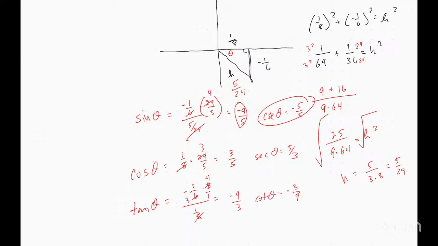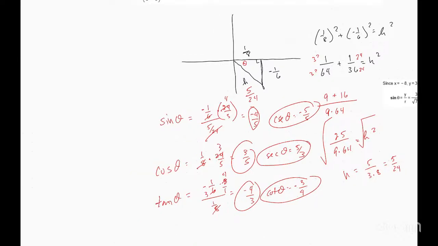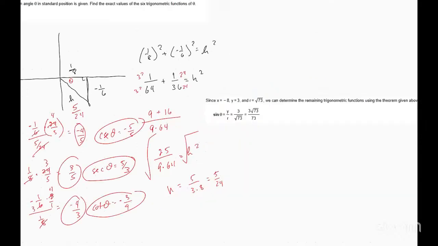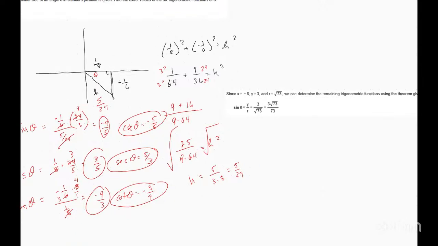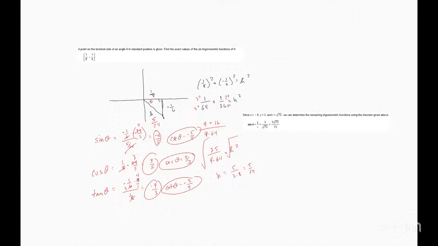Let me see if this is, I have a screenshot of it right here. I was very confused why suddenly 3 over square root of 73 turned into that. I think that is just the wrong problem that they're looking at somehow. I feel like they just gave you the wrong one.